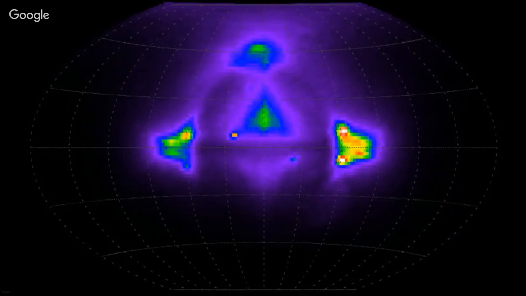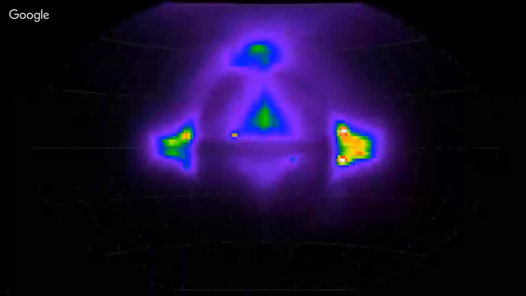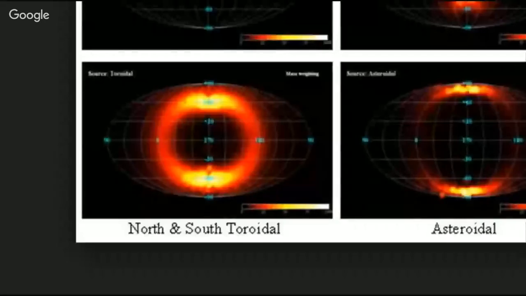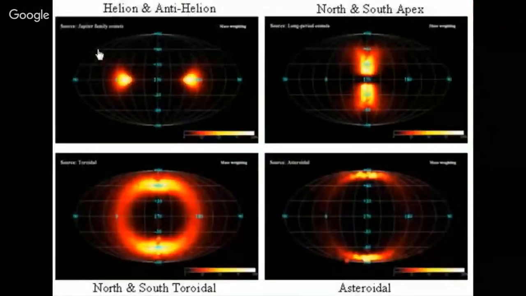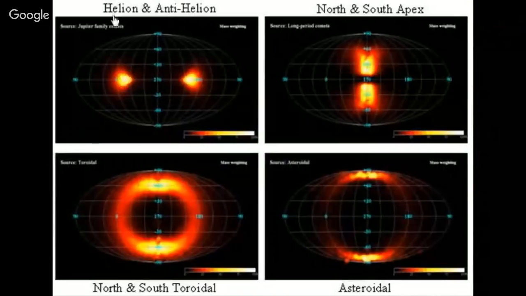And then they also talk about a toroidal origin too. So, toroidal origin of meteors. So we have the helion and the antihelion coming from the sun, and then we also have the Gegenschein, where the sunlight converges on the opposite side, just like I told you before in concave Earth.